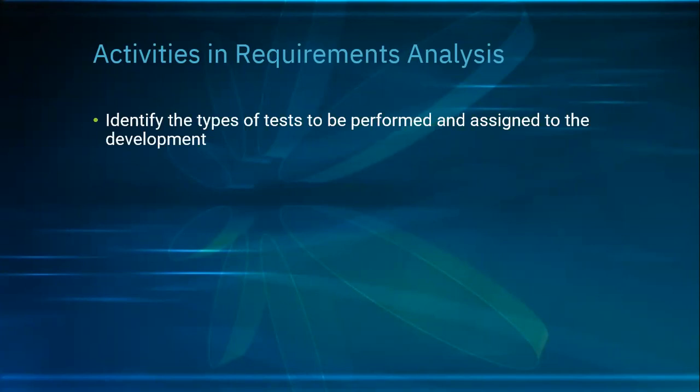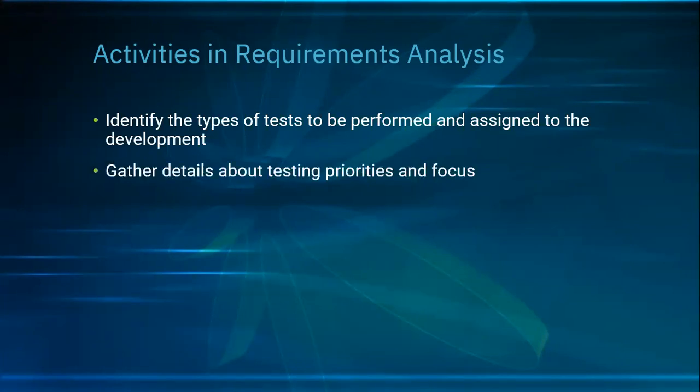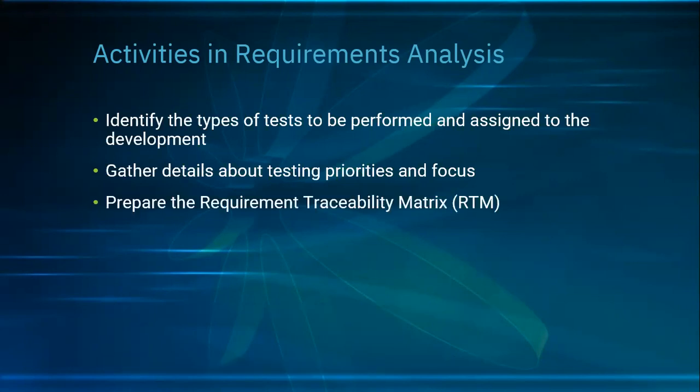So the first thing, identify the tests to be performed, then assign them to development. The next thing, gather details about testing priorities and focus. This is your own activity. The third thing you have to do is prepare the requirement traceability matrix, RTM.